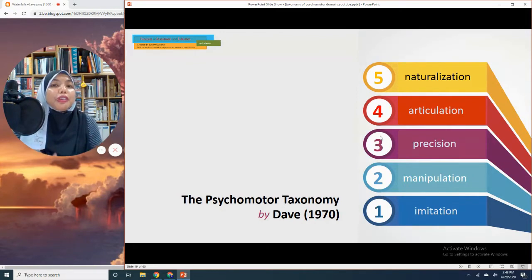Now, as I go through these stages, you should be thinking about all the skills that you have learned. I know that some of the skills have been with you for so many years that you have forgotten how you have acquired them in the first place. But maybe think along the line of the first day you started to learn how to drive, or the first day you started to learn how to operate your computer, or learn a particular software, for example.